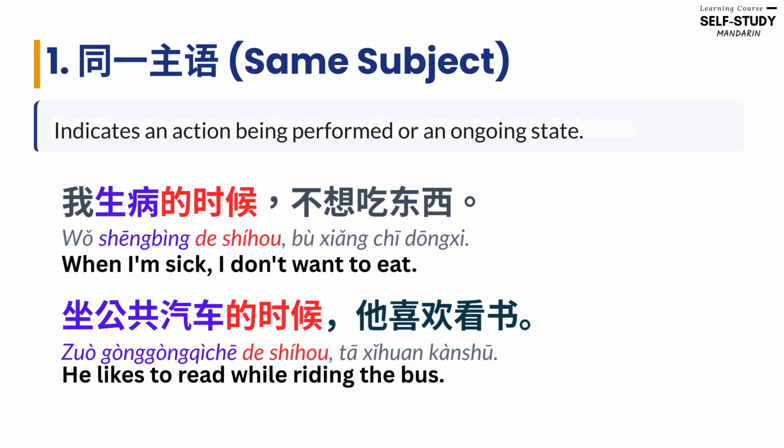For instance, 我生病的时候不想吃东西. When I'm sick, I don't want to eat. Being sick, 生病, is the state. And look at this one. 坐公共汽车的时候他喜欢看书. Riding the bus, 坐公共汽车, is the verb phrase happening before 的时候.